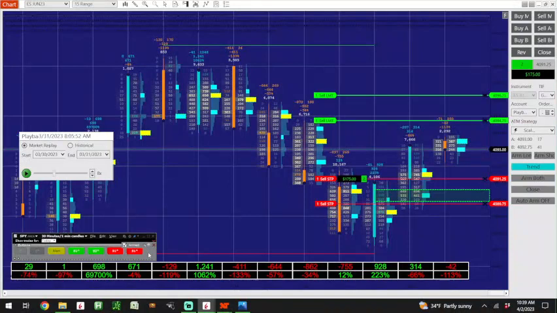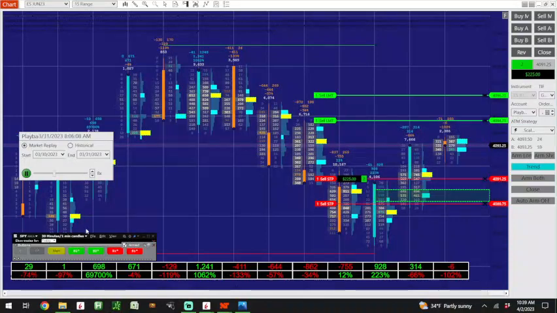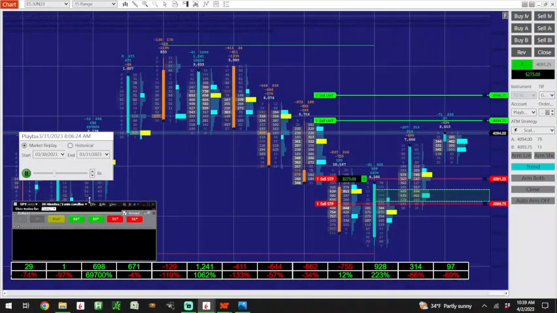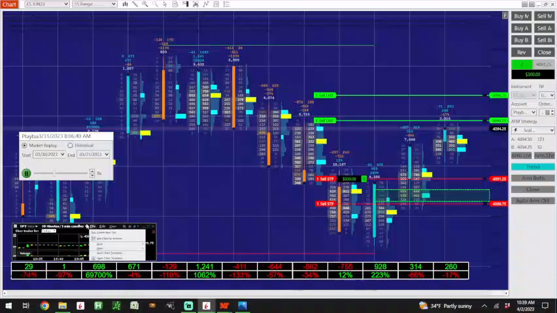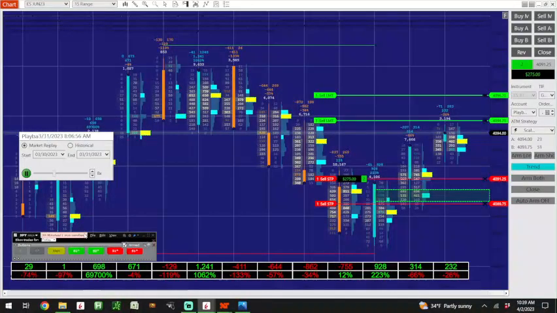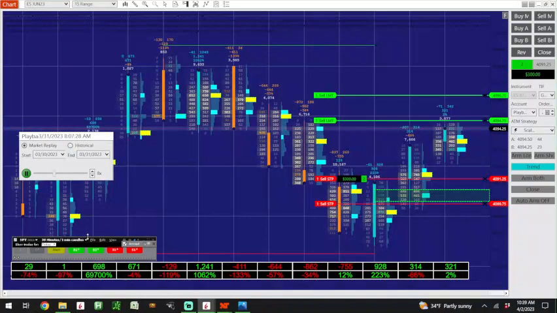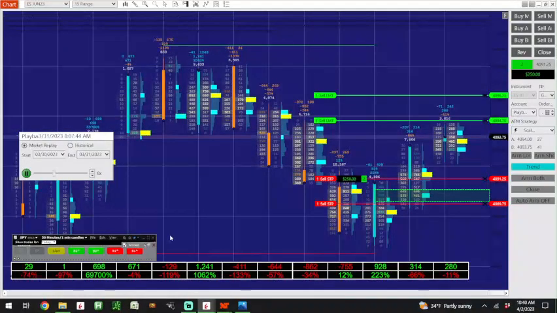Right now, I don't have anything showing because I want to maximize the amount of screen real estate for NinjaTrader, but if I need to, I can move this up to actually see the graph. I'm not going to do that for now.